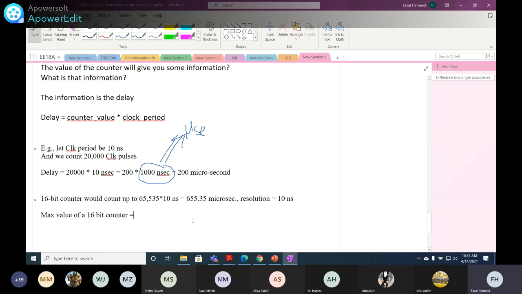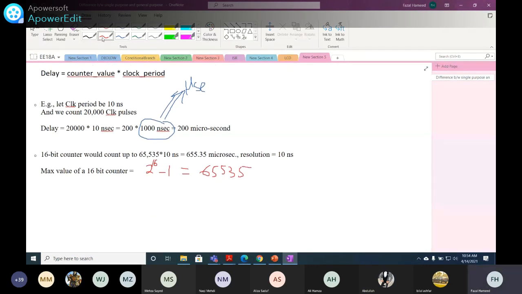The maximum value of the 16-bit counter is equal to 2 raised to power 16 minus 1, which is equal to 65,535. Am I right or not?